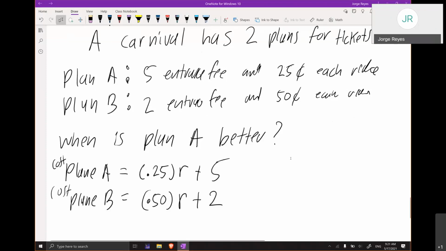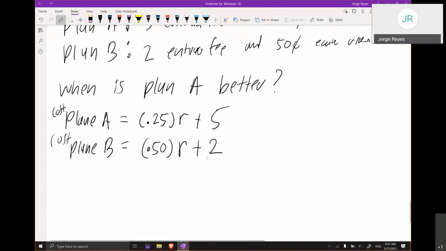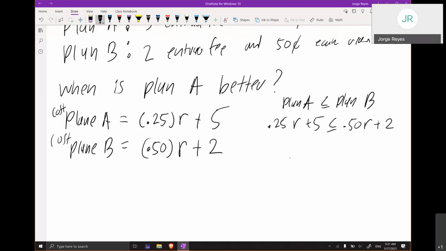Now you set up an inequality. When is plan A better? That means when does plan A cost less than plan B? I'm just going to write down the math, and we see that we get a linear inequality. That's why this is in this section.